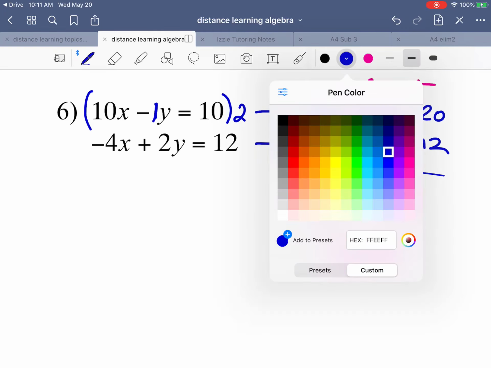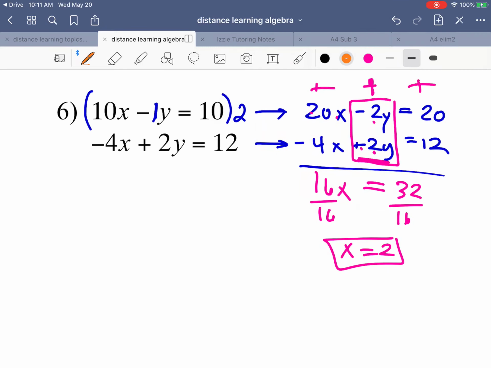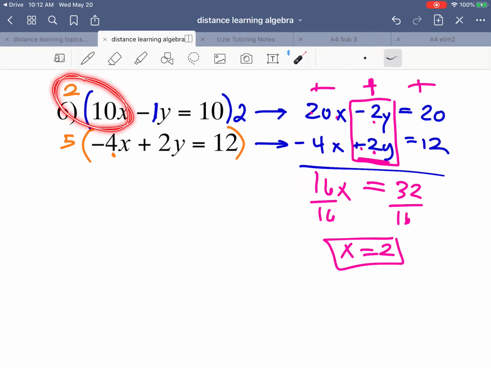Now we have to try to cancel the x's to solve for y. So it's not so straightforward, right? If I multiply 4 by something to get 10, it doesn't work great. But if I multiplied the top by 2 and the bottom by 5, just focusing on the x's, 2 times 10x would give me 20x, and 5 times negative 4x would give me negative 20x.